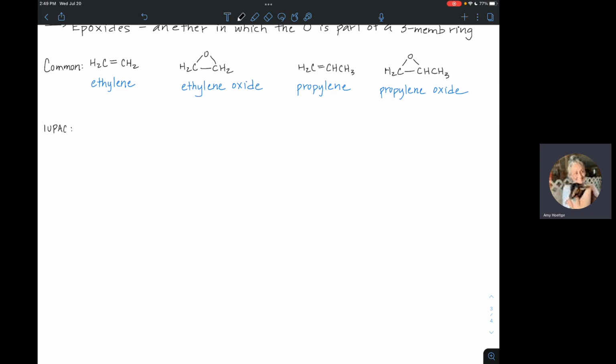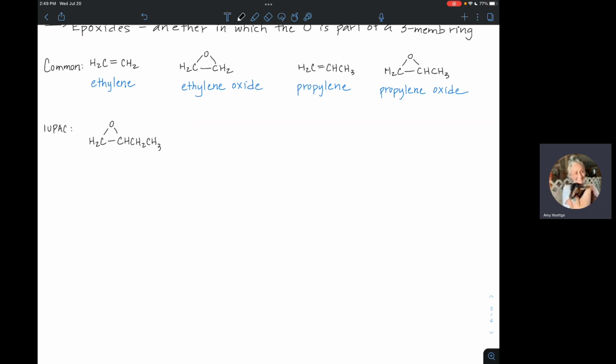So for example, I could have this molecule where I find my longest continuous chain of carbons like I normally would for an alkane.